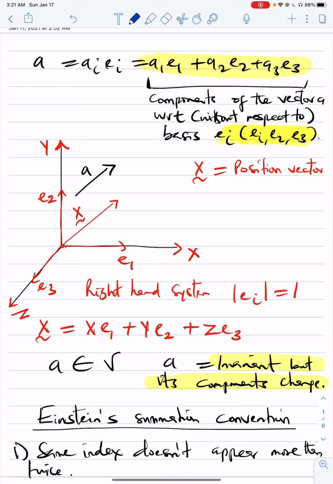If you have a basis like e1, e2, e3, and you decide to describe it with respect to, maybe, an angle shift, e1 moves to this part, so we have a different component. So these components can change. They are variant, they change, but the vector itself does not change.